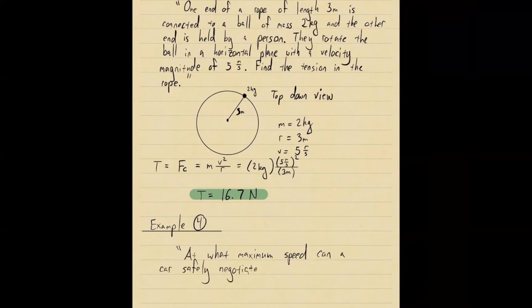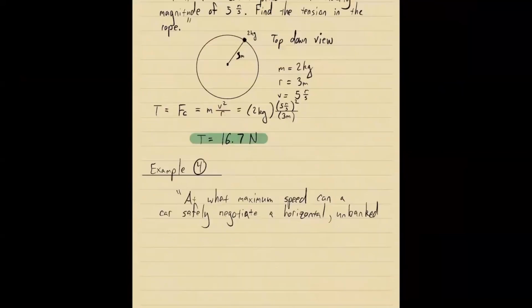Admittedly weird word here, but whatever. A horizontal unbanked turn. So it's flat ground. You're just driving in a circle.